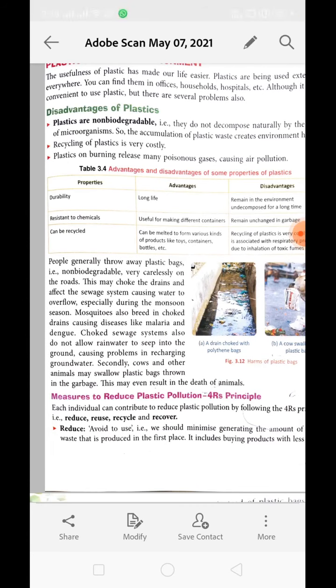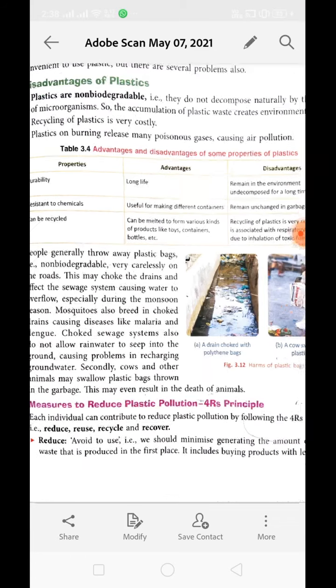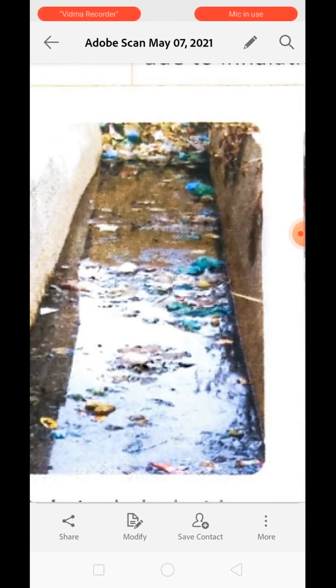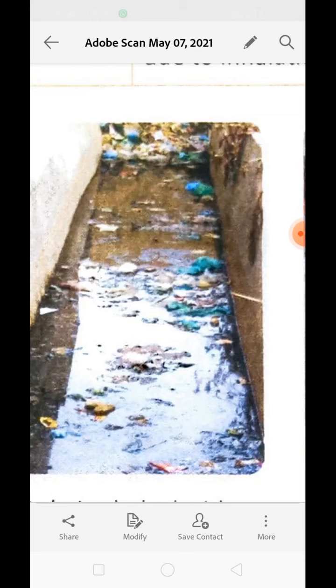Even sometimes we put some edible substances like vegetable peels in plastic and throw them out. When we throw these items in the drainage system, it will choke the drain, causing overflow of water in certain areas. The overflowing water will pollute the environment, and mosquitoes breeding there can also cause malaria by biting people if they are infected.